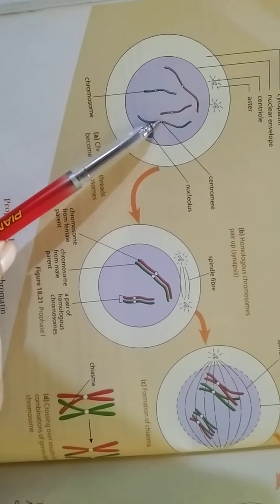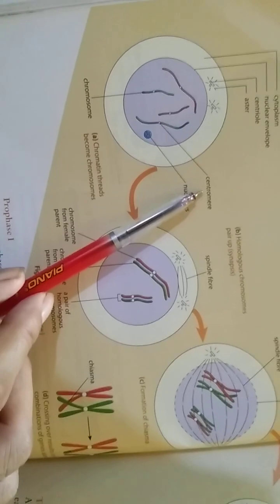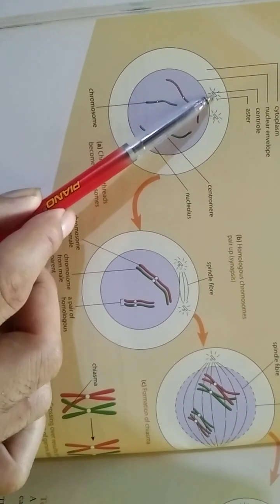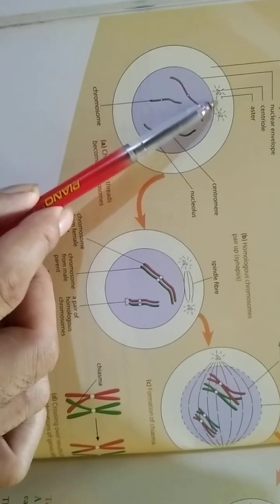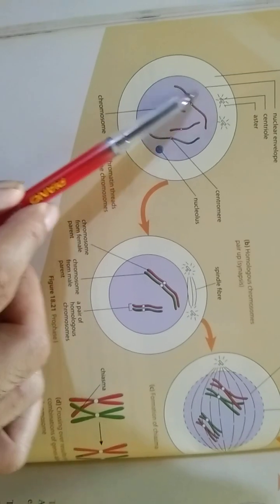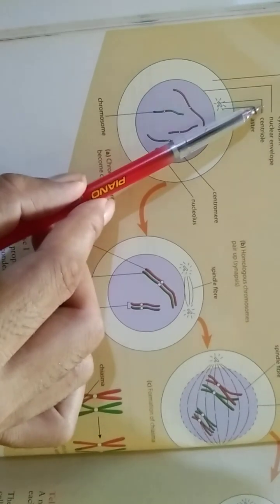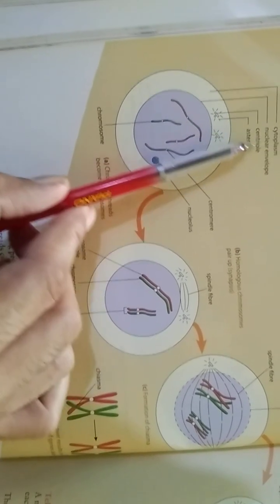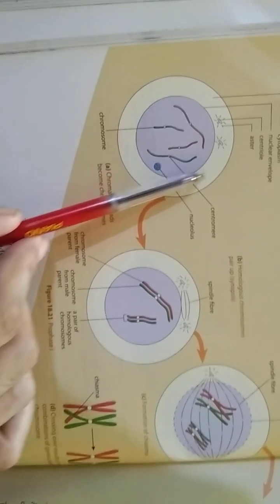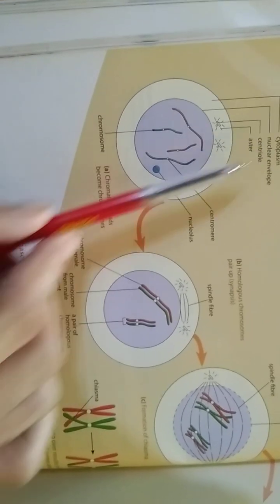The center point of the chromosome is called the centromere. These are the centrioles, and these microtubules are called asters. The outermost boundary is called the nuclear envelope, and this white part of the cell is called cytoplasm.